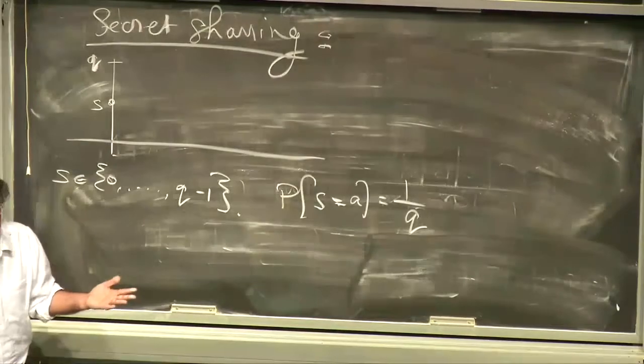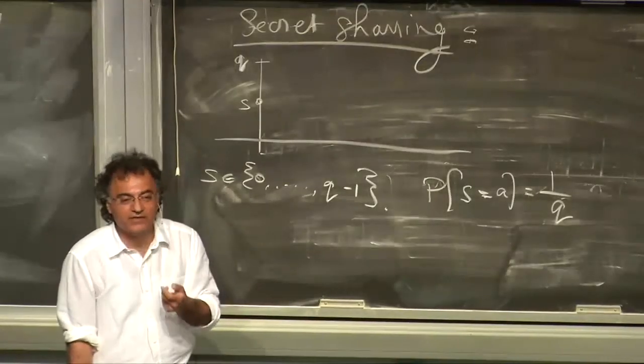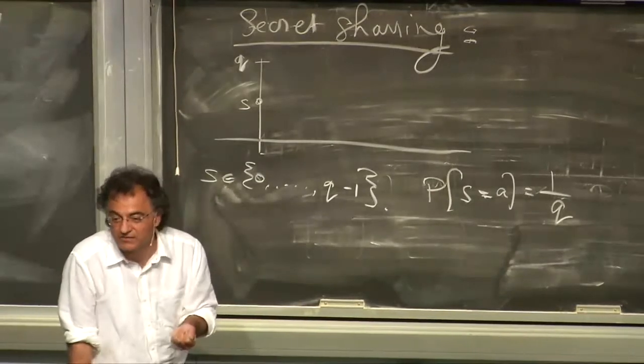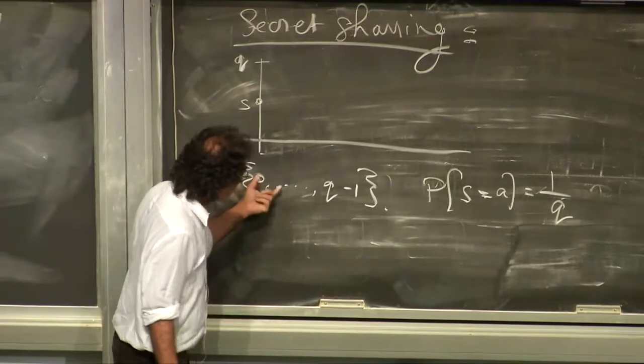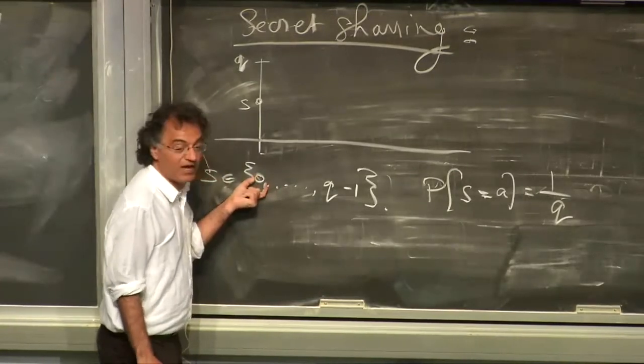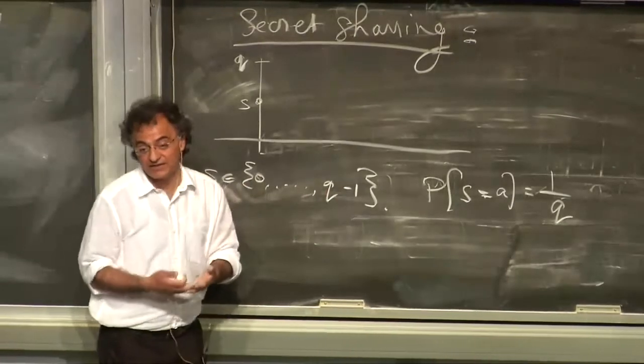It's uniformly distributed, so we think of it as something that we have no information about. If I knew that the probability of 0 was higher than the probability of Q minus 1, that's information that I have.